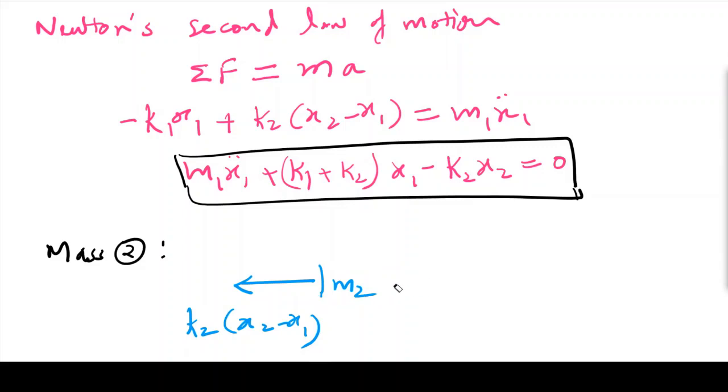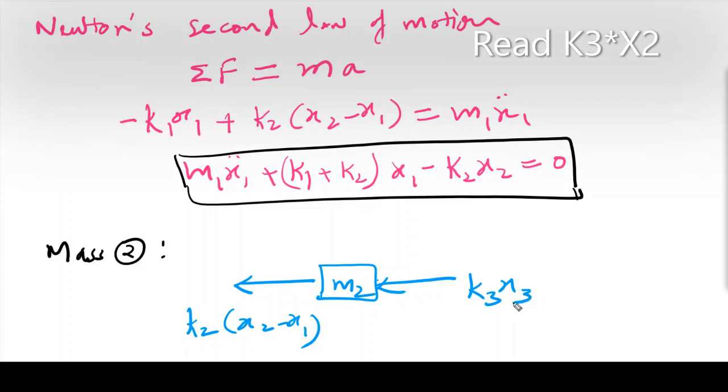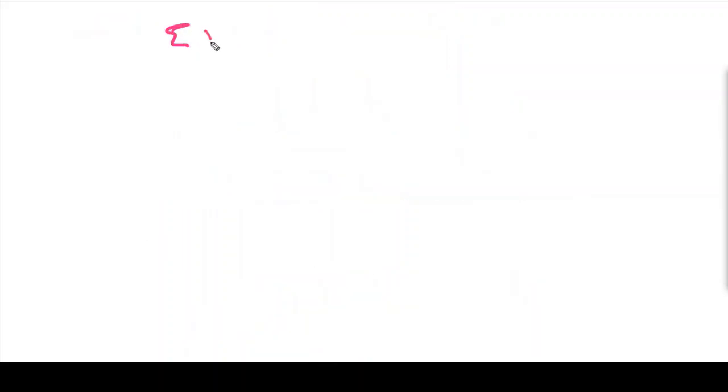So this will exert force k3 x2 on mass m2 in left side direction. So this is the free body diagram for mass m2. So we'll use our second law of motion.